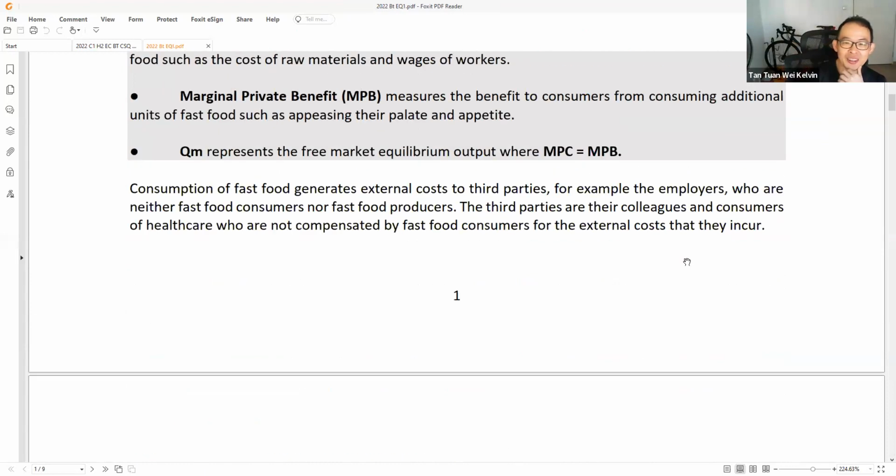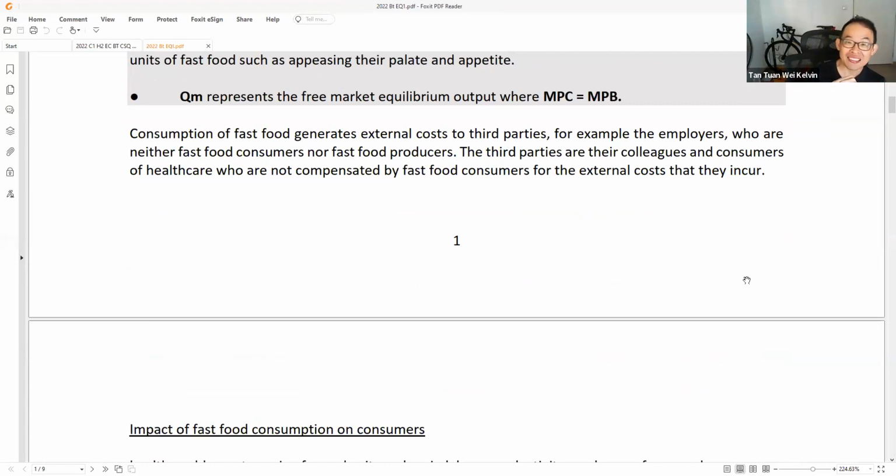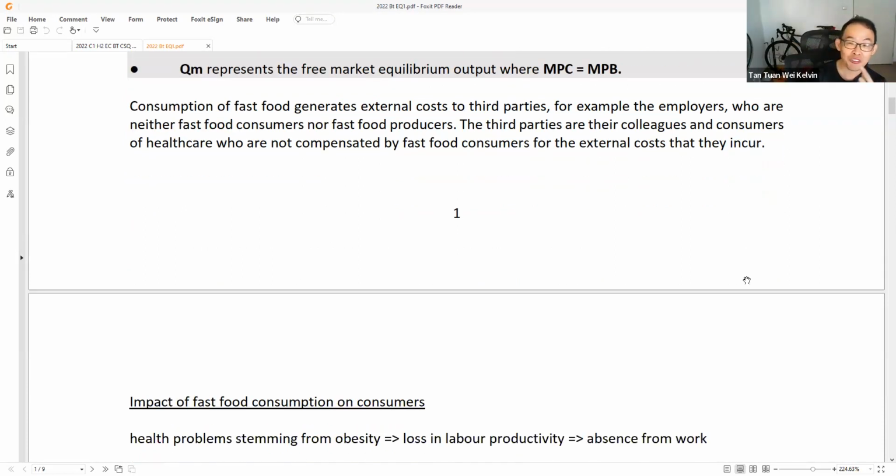In case you're curious, for externalities, when you eat too much fast food, you may fall sick. So when you want to explain negative externalities, don't mix up with imperfect info. When you call in sick, your fellow colleagues in the workplace may have to cover you, so they have to bear some cost. As a teacher, if I eat too much fast food, I fall sick.